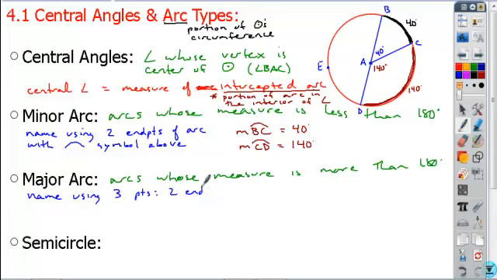They're going to start with the two endpoints of the arc, plus one additional point along the arc. And then you're still going to have that arc symbol above it.